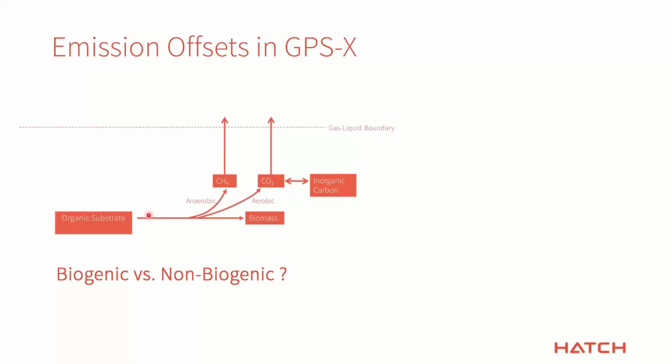Typically in a municipal wastewater, we assume that this is a biogenic source of carbon, and therefore, even though we quantify the carbon that is being produced in GPSX, we also provide an offset or a credit for this particular biogenic carbon. So we estimate the amount, but then we provide the same amount of credit so that the net carbon emission from an organic substrate of biogenic nature is zero.